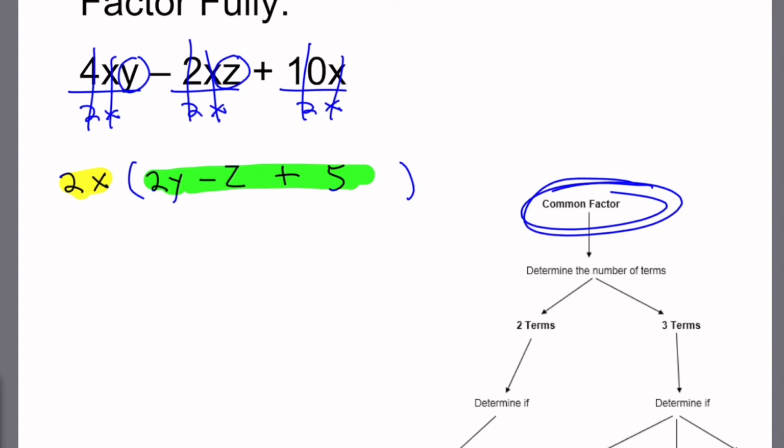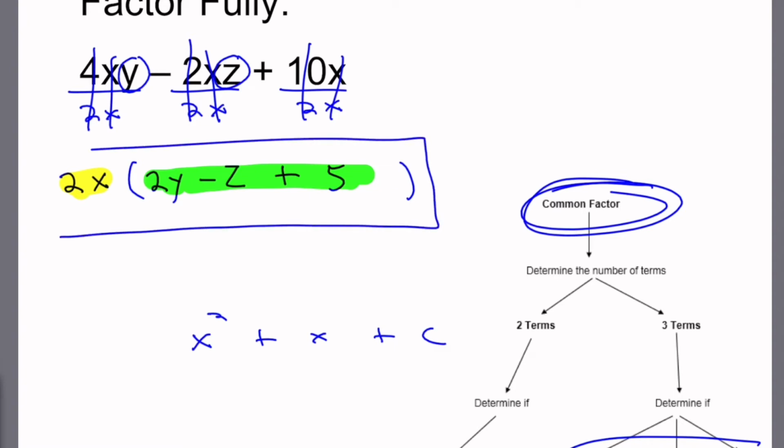In order to be any of these trinomials, it has to have, for example, an x squared, an x, and then a number, right? But there's not even any patterns that relate to that. You have a y, a z, and a number. So in this case, we stop right there, and this is our fully factored answer. All we did on that one is common factor.